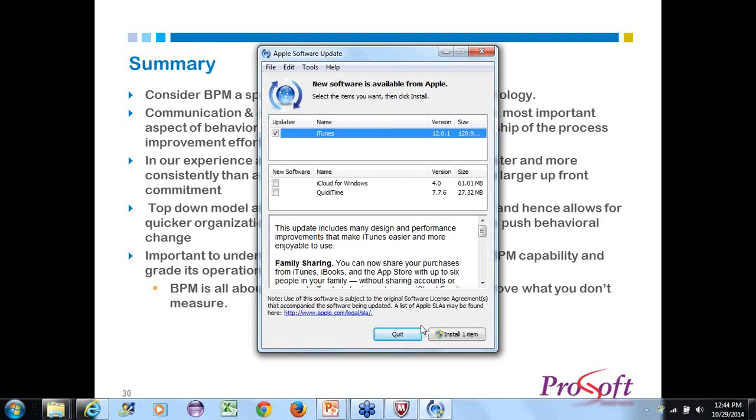So once again, I'll just quickly go over ProSoft's offering in this space. Essentially, it's around the analysis and adoption, where our CoE-centric and organizational delivery-centric experts can help, and they can help by doing assessments.